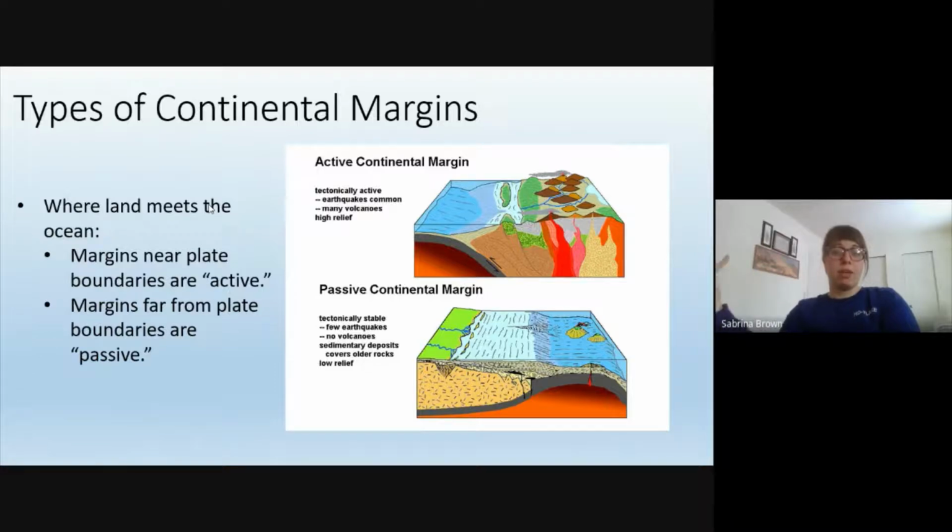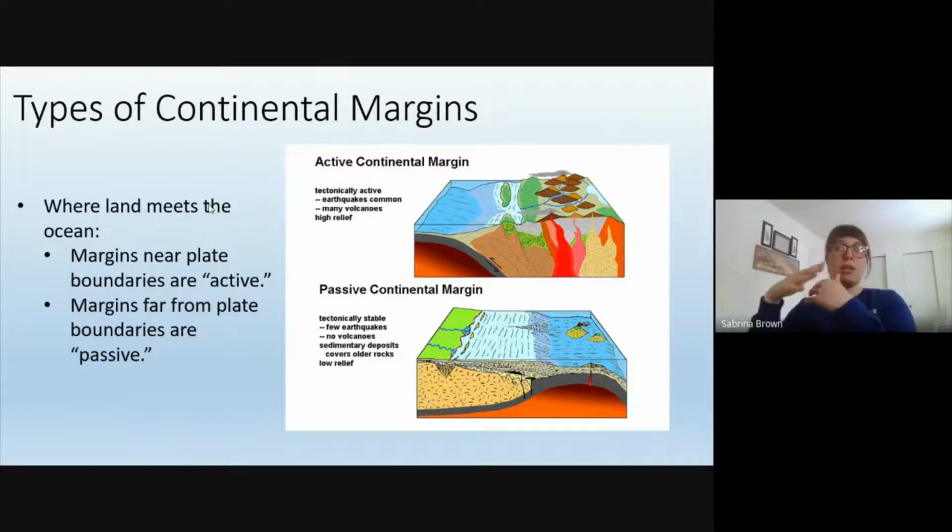They typically have a more calm environment where you have sand able to build up, sediments able to be deposited and turned into sedimentary rocks. And they typically tend to be more like sandy deposition dominated beaches, where active continental margins typically tend to be like erosion dominated shores.